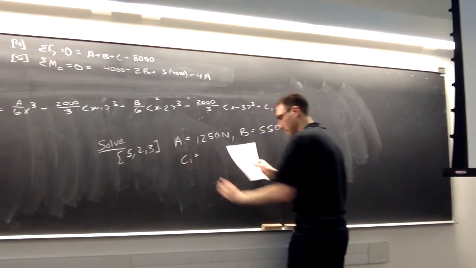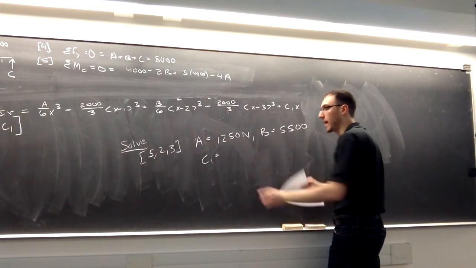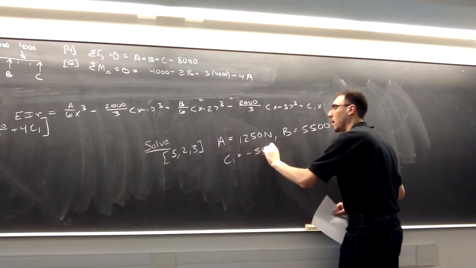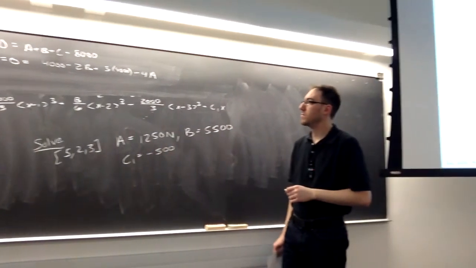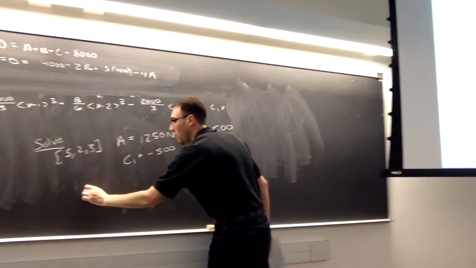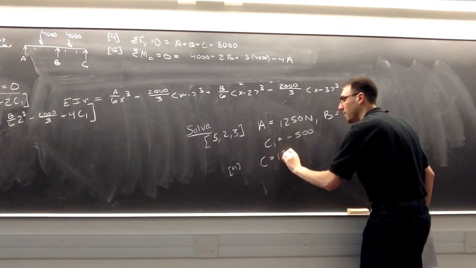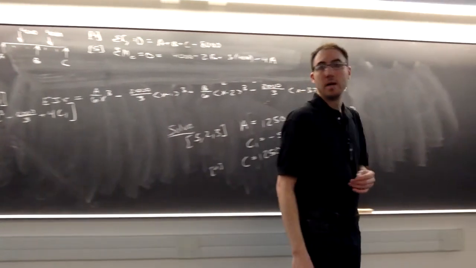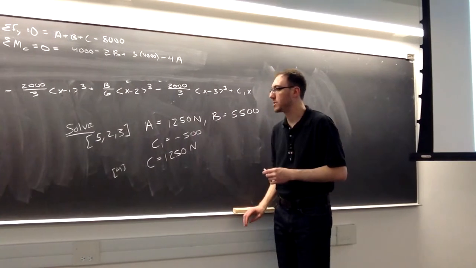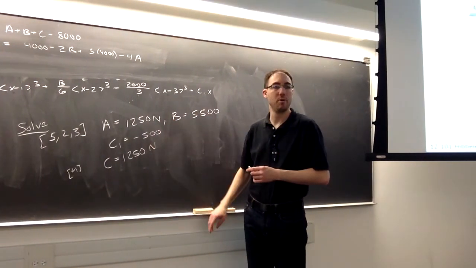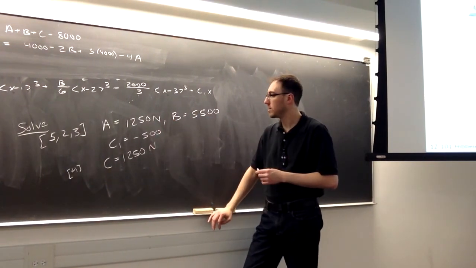And C1 is going to be negative 500. I put that into my equation 4. And that will tell me that C is also 1250. So that's just solving those 3 equations simultaneously, plugging that result into my 4th equation.